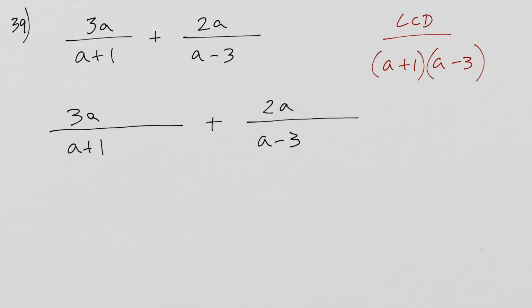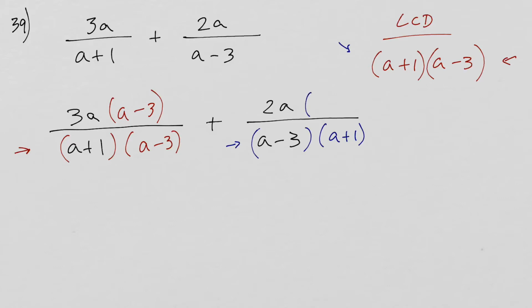Okay, in order to make this denominator look like this, I have to multiply by an a minus 3. So I need to do that in the numerator as well. To make this one look like this, I have to multiply by an a plus 1. So I have to do that in the numerator as well. Okay, now that I've done that, I have a common denominator.